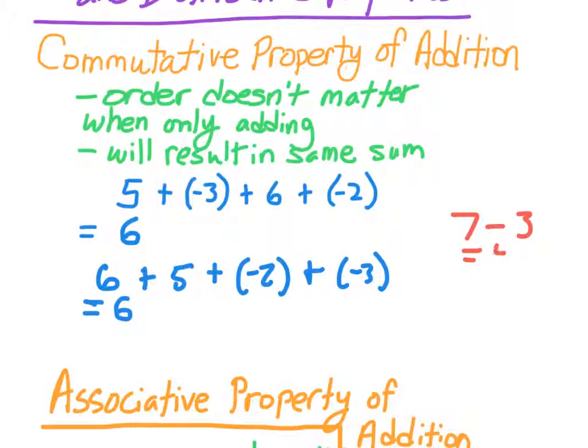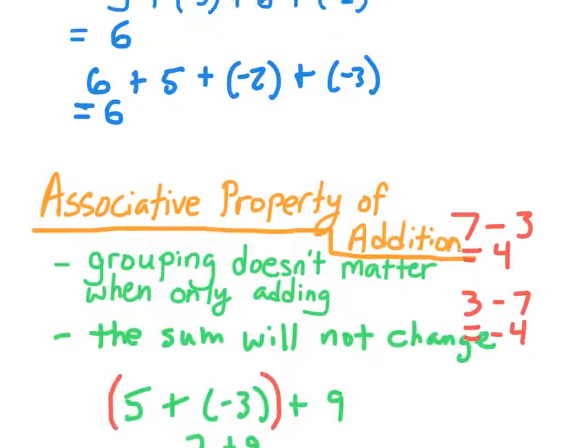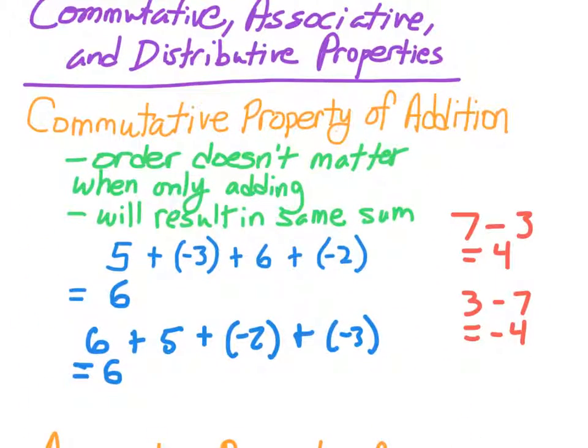Notice I don't get the same when I change the order. This time I get -4. So there is no commutative property of subtraction. There's also no associative property of subtraction, because you will get a different result.